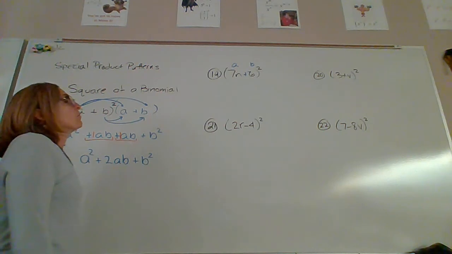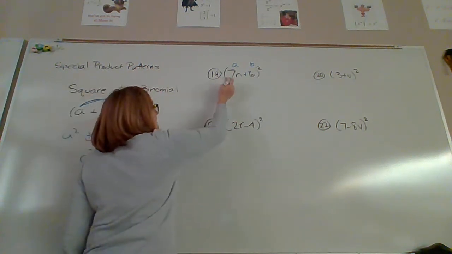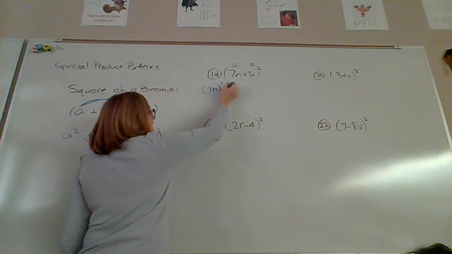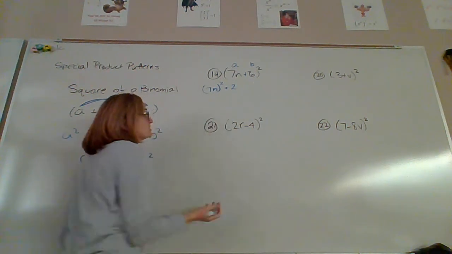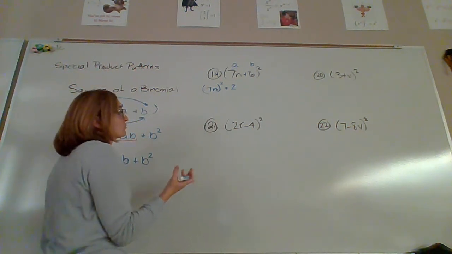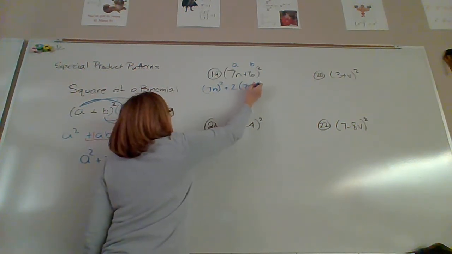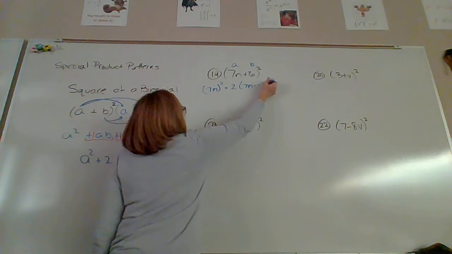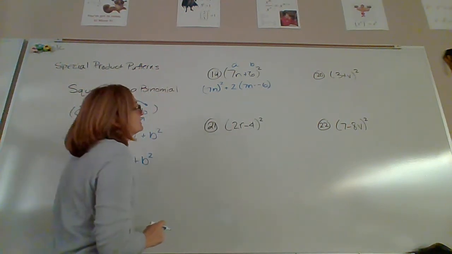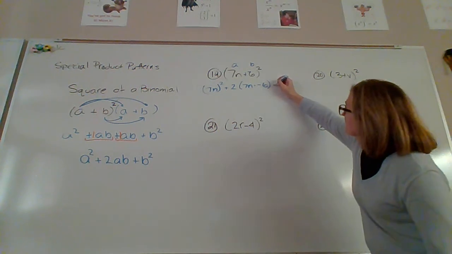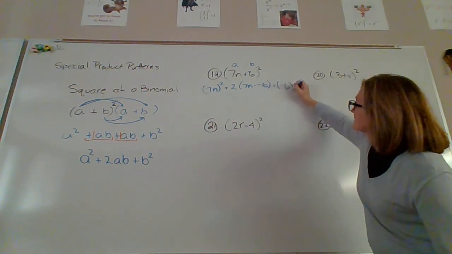All right, so what we're going to do is we're going to square the 7n, and then our middle term, we know there'll be two of them that'll have to be added together, so we're just going to multiply once and then multiply by 2. You'll have a 7n times a negative 6 for the middle term. And then our last term will be that negative 6 squared.